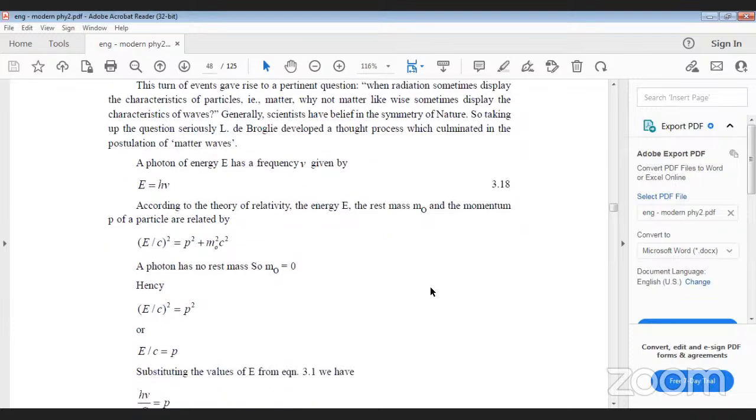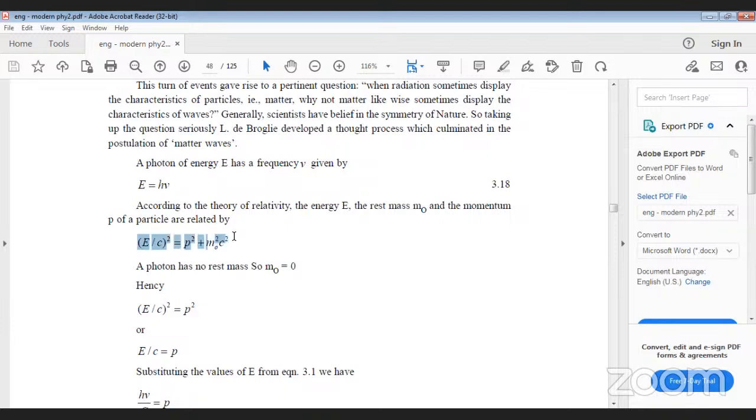The energy of the photon equals h nu. And according to the special theory of relativity, proposed by Einstein in 1905, what is the relation between the energy, the rest mass and momentum?